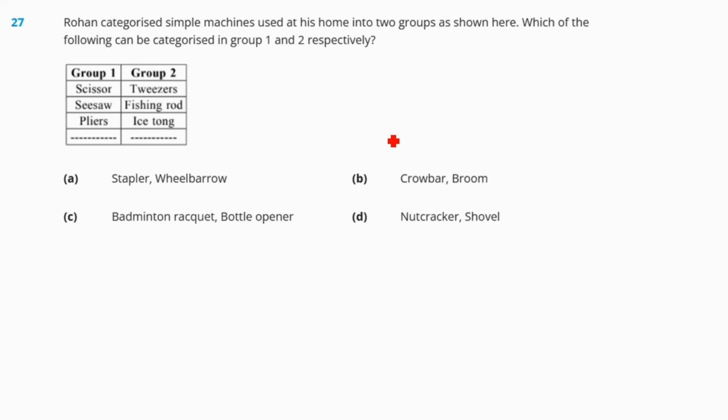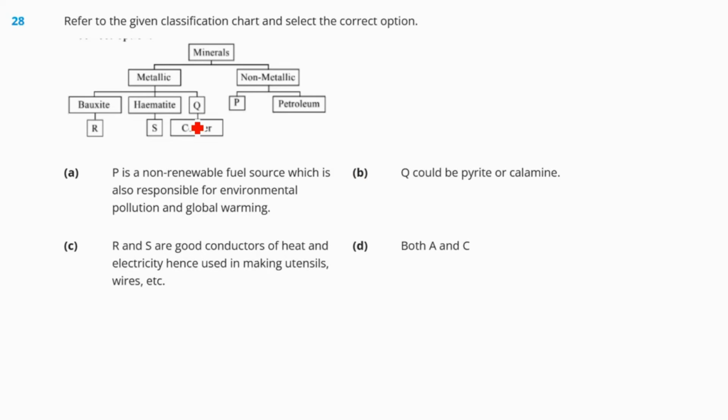And in group 2, the tweezers and fishing rod are the other class of lever. So our answer should be option number B, that in group 1 it should be crowbar and in group 2 it should be the broom. So B is our correct answer.